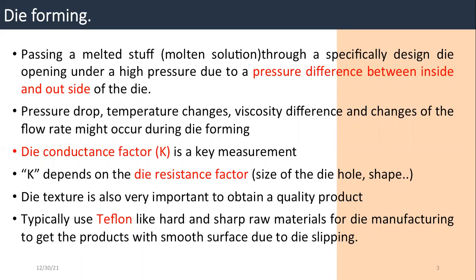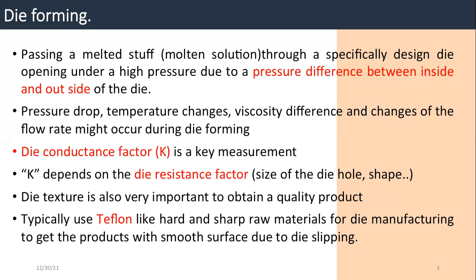Die texture is also very important. It is important to have a smooth die surface to get a high quality product. Basically, we use Teflon-like hard materials in producing dies for extruders. We always have to use recommended food grade materials in developing machines and equipment.